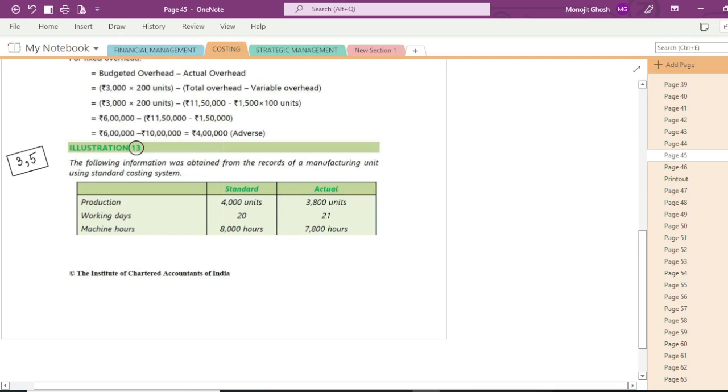So this question deals with the concept of overhead variance, okay. In this question we will cover both the variances. The data about production is given.